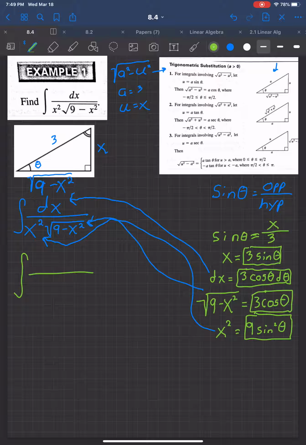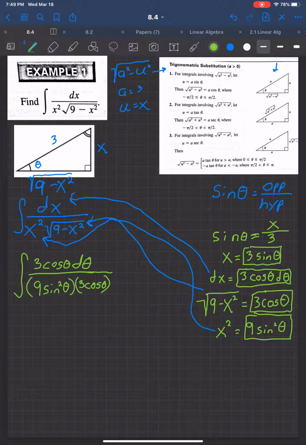All right, so that leaves me with 3 cosine theta d theta over 9 sine squared theta times 3 cosine theta. And I would advise that you stop for just a second and recognize what you were able to do.